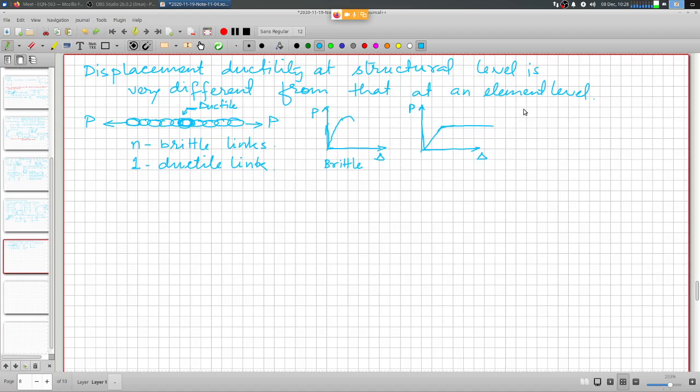And the combined behavior, so this is for ductile.